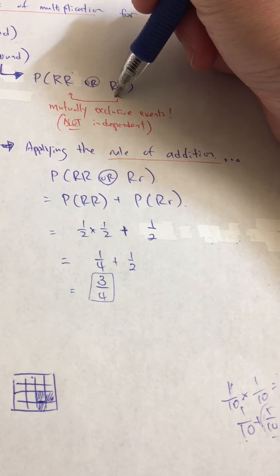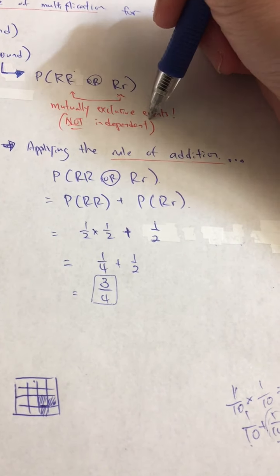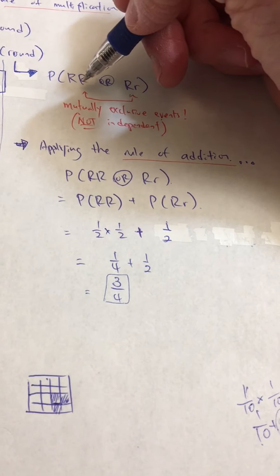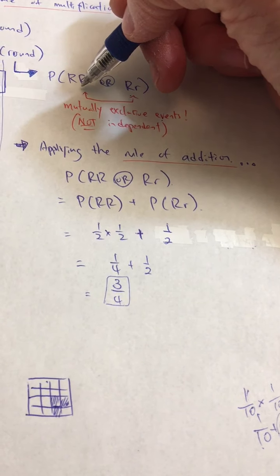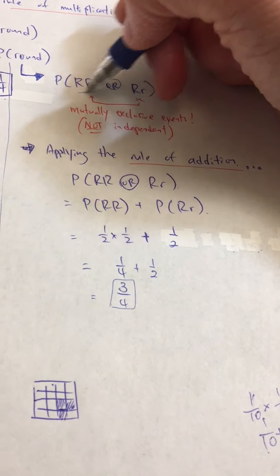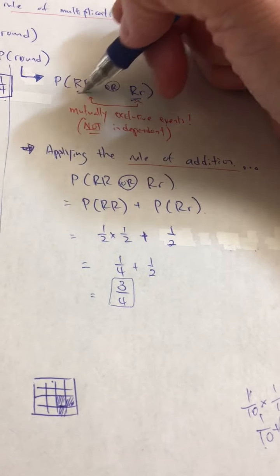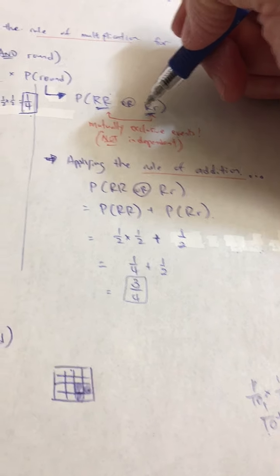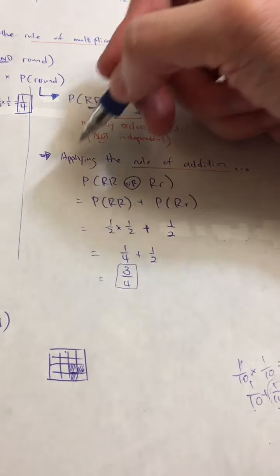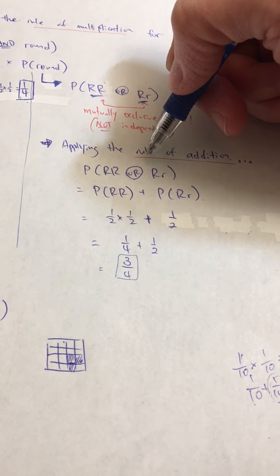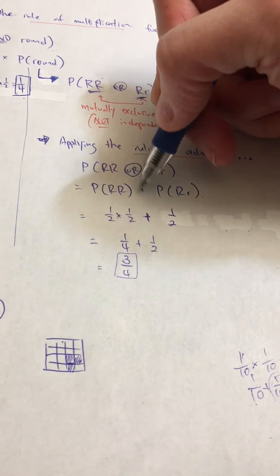These two events are mutually exclusive, meaning your genotype cannot be both big R, big R and big R, small r. You can either be this or this. And so in this case, we can apply the rule of addition, so we add the two together.